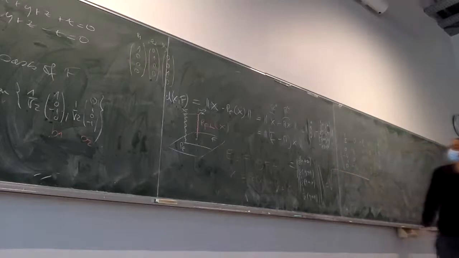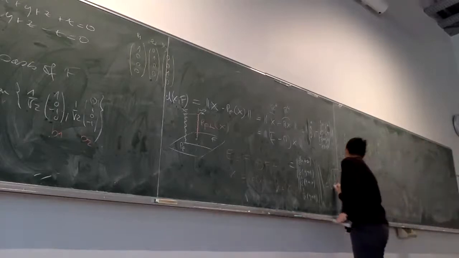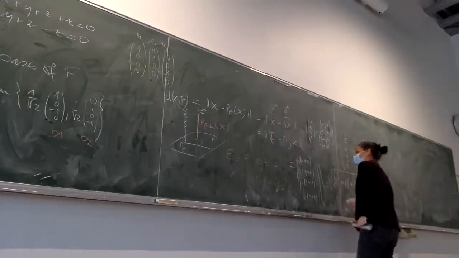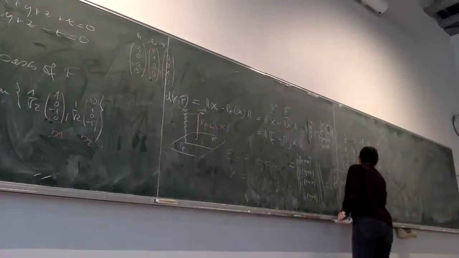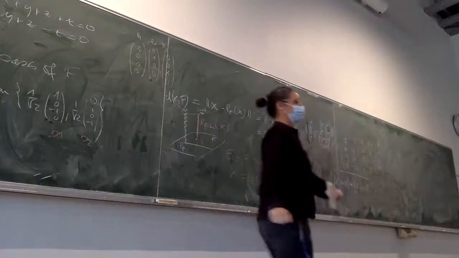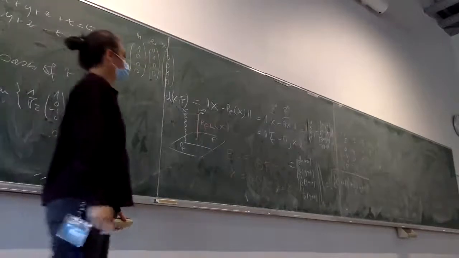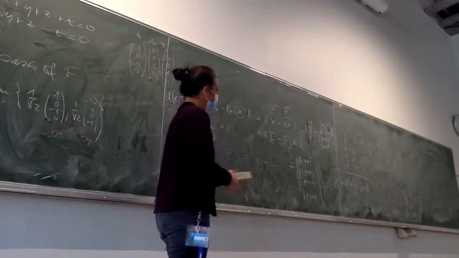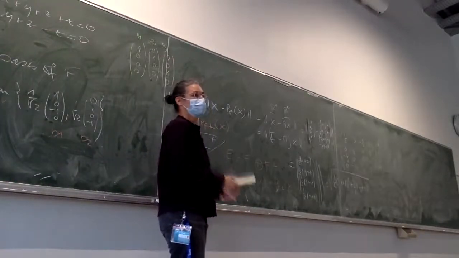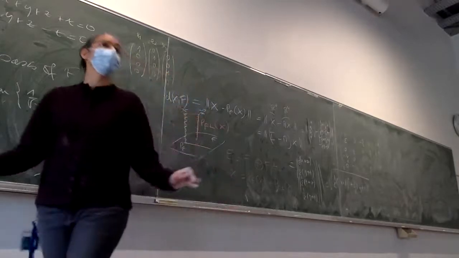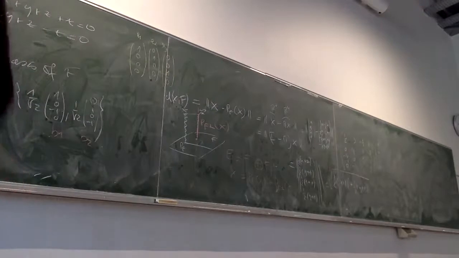I get 1/4 of (x plus z) squared, and I've got it twice, and 1/4 of (y plus t) squared twice. Ask me questions if there are things that you don't understand.